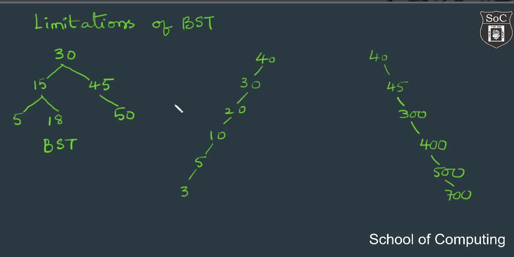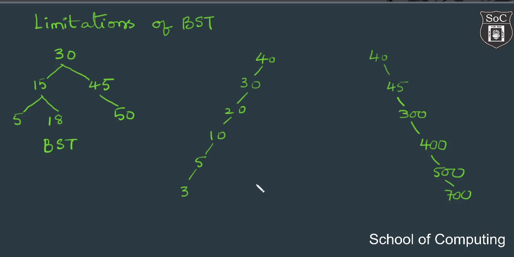Now if you observe the second example, it is also a binary search tree. If you observe the definition of a binary search tree, at most two children are allowed, and the left child must be less than the parent and the parent must be less than the right child.